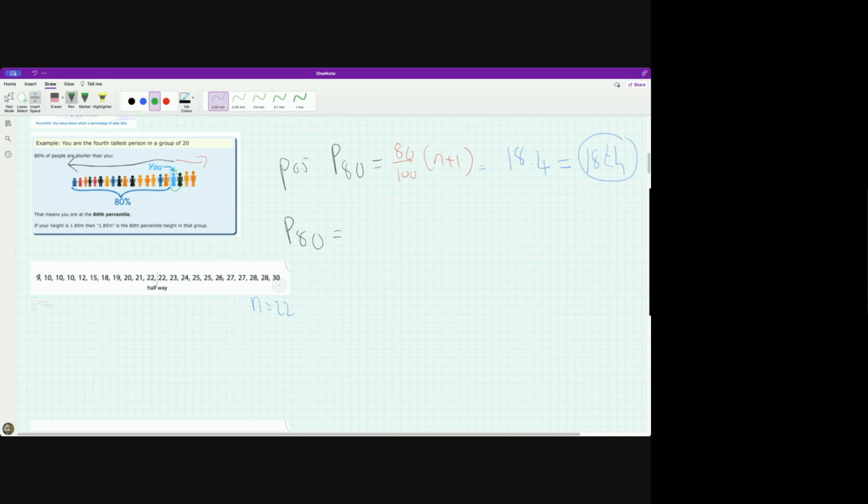So if this gets you to 11, so 1, 2, 3, 4, 5, 6, 7, 8, 9, 10, 11, what is going to be the value of the thing in the 18th position, which is the 80th percentile? So that gets you to 11. What is P80 going to be?